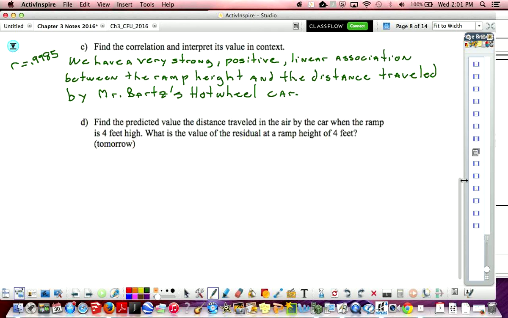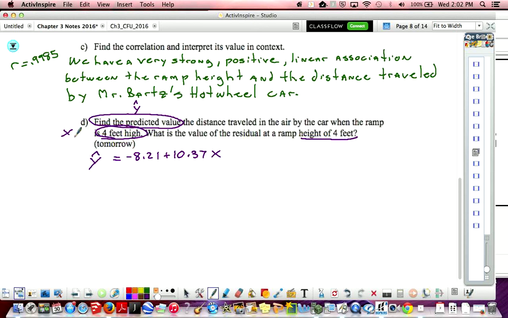All right, part D. Find the predicted value, the distance traveled in the air by the car when the ramp is 4 feet. Okay, let's do that. So y hat equals, again, our equation, negative 8.21 plus 10.37x. We want to find the predicted value, y hat, when the ramp is 4 feet high.